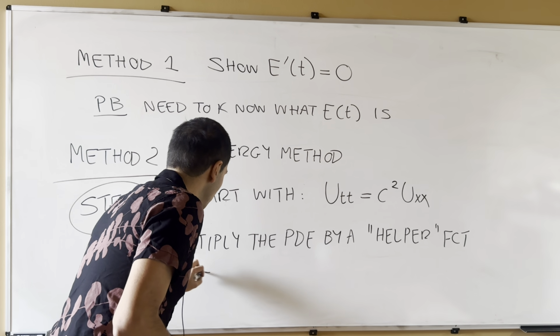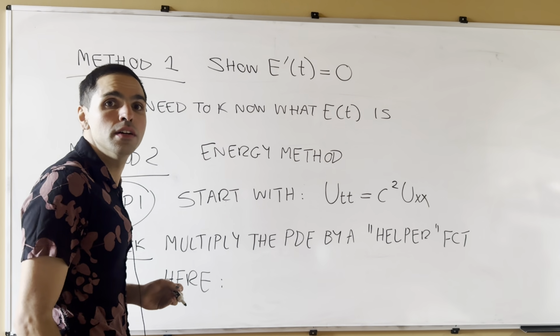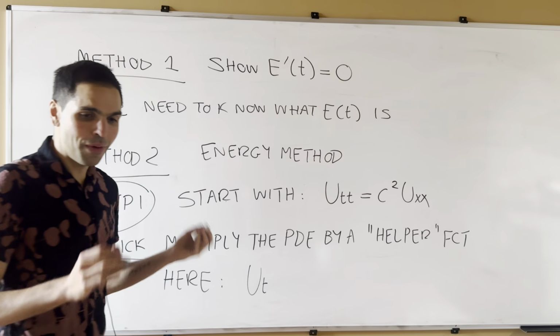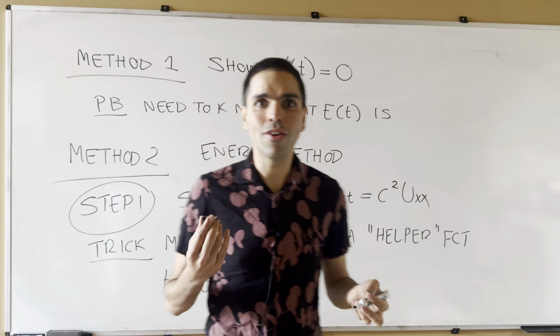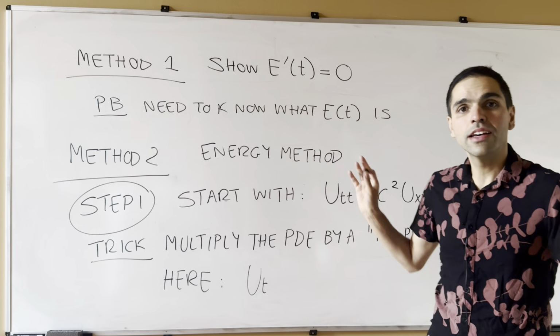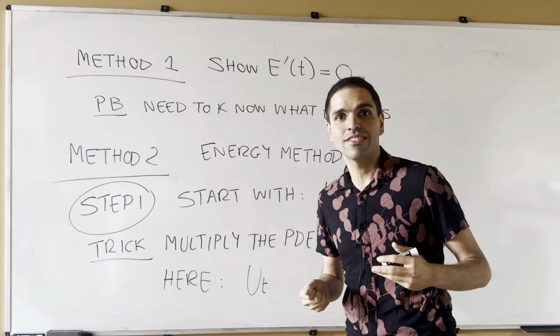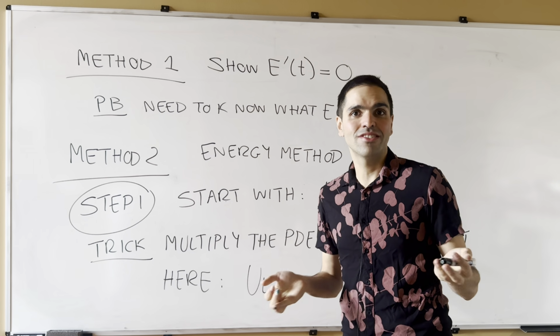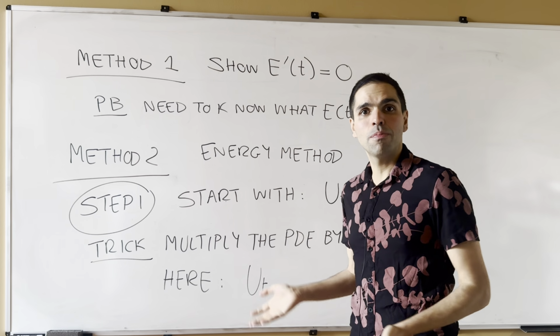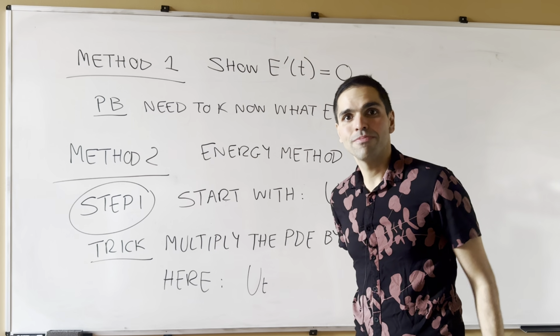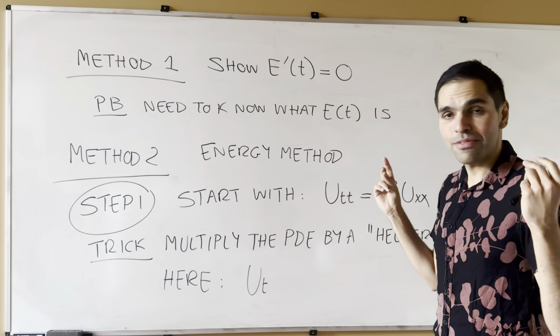At the end, I'll tell you how to find the function. By the way, if you know a little bit of ODEs, this trick should remind you of integrating factors, because it's the same thing: you multiply your ODE by a clever function to simplify it. Okay, now let's do that.